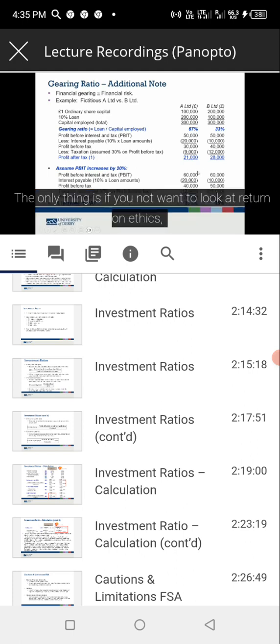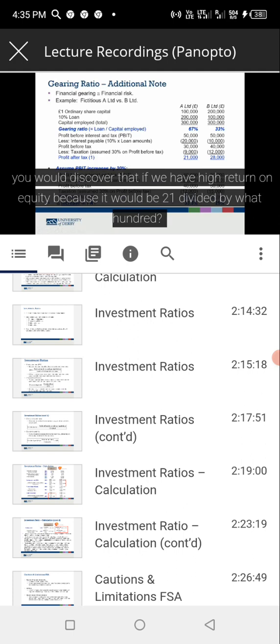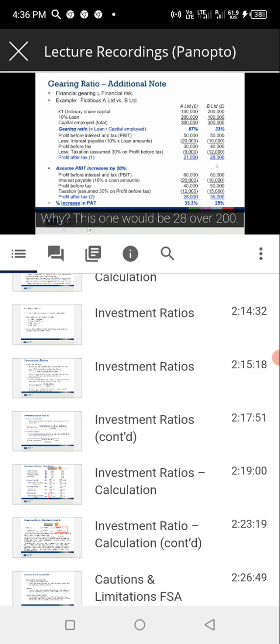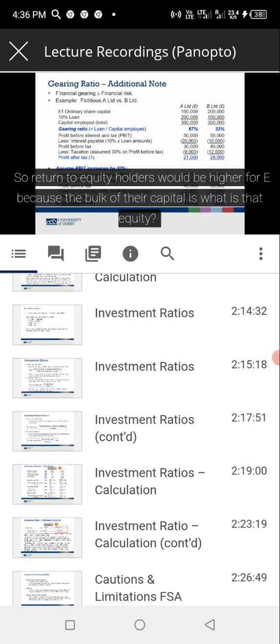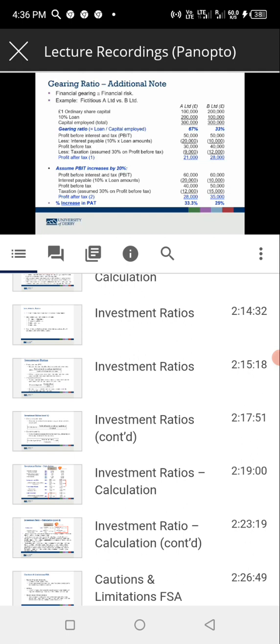The only thing is, if you now want to look at return on equity, you will discover that A has higher return on equity because it will be 21 divided by 100, while this one will be 28 over 200. So return to equity holders will be higher for A because the bulk of their capital is debt and not equity. All right?